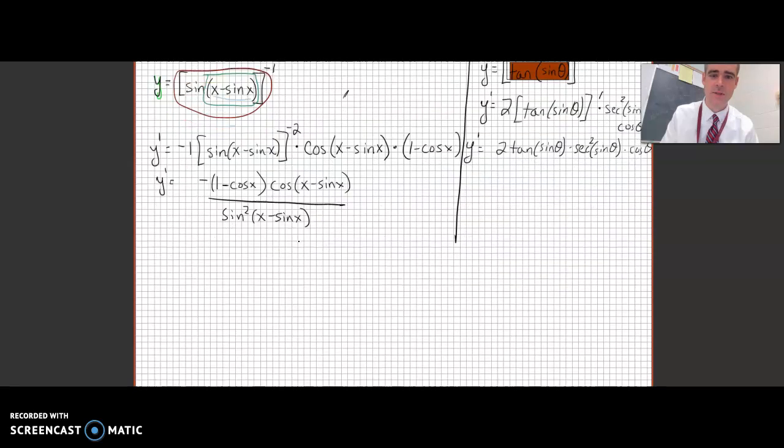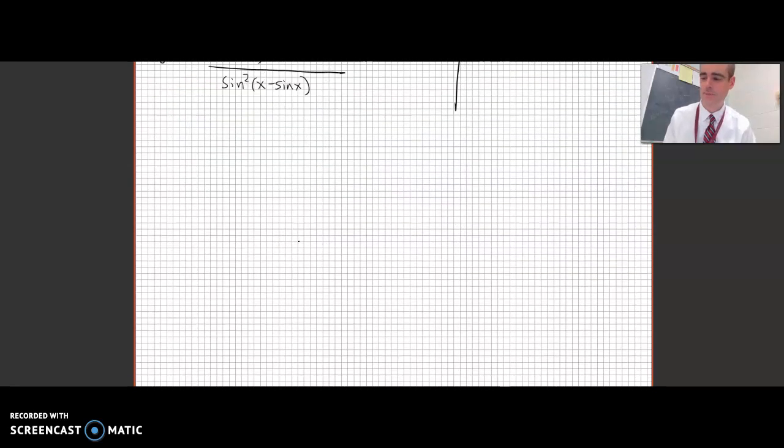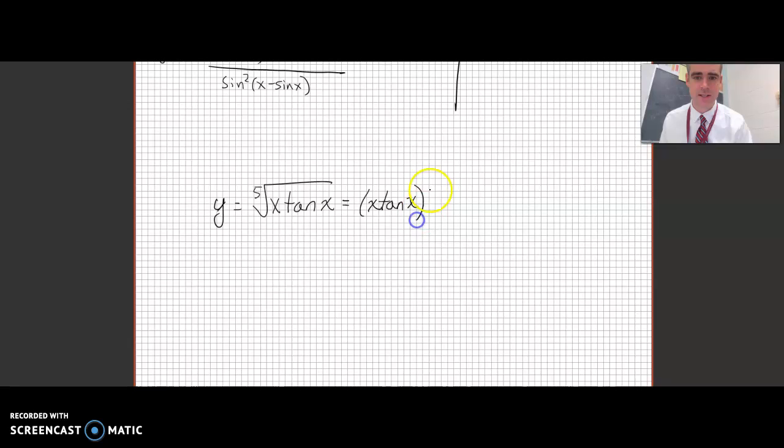The fifth root of x tan x. Okay. Again, it's sometimes easier to think about these in a different form, so let's think about this as x tan x to the 1/5 power.